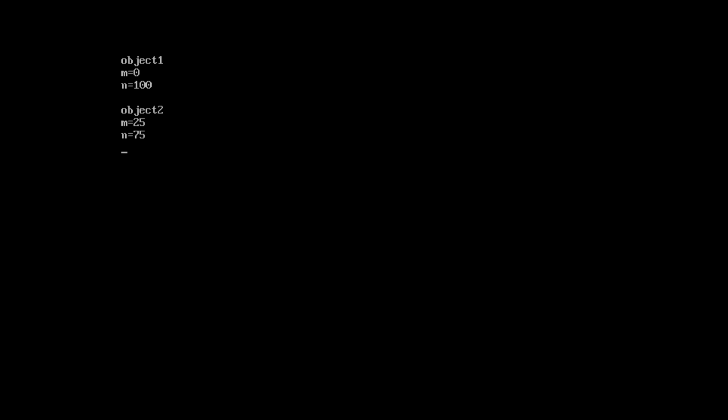So this is like this one. Object1, m equals 0, n equals 100. Object2, m equals 25, n equals 75. There are two values of object1, there are two values of object2.